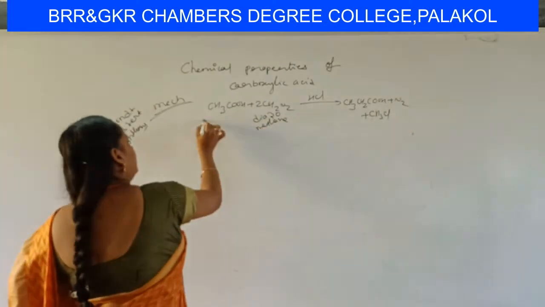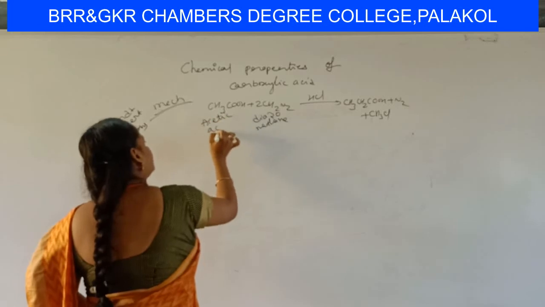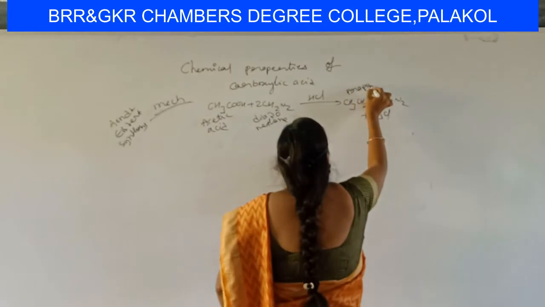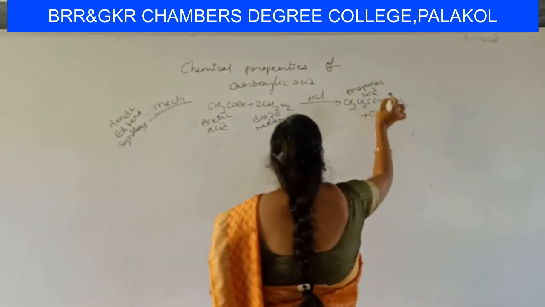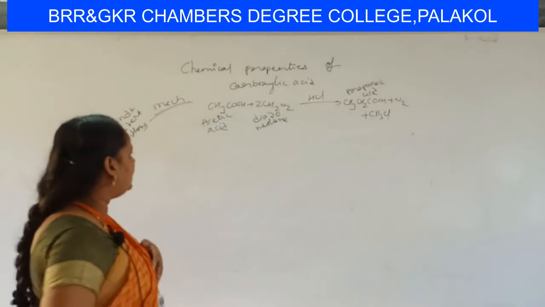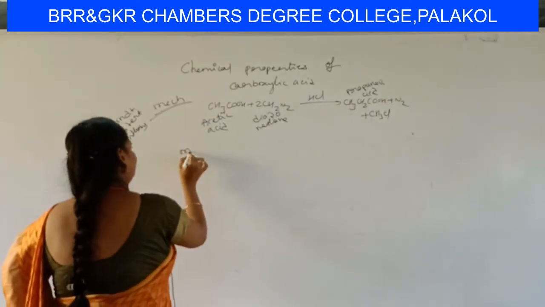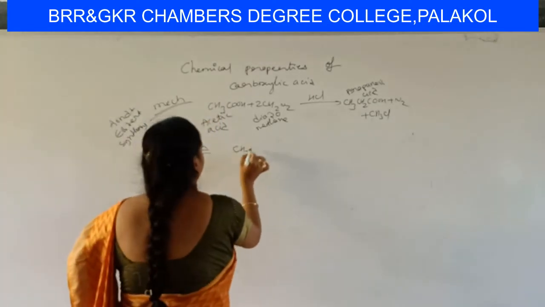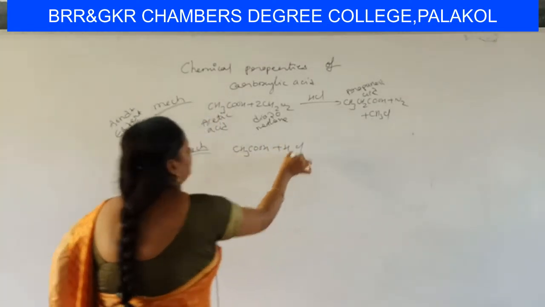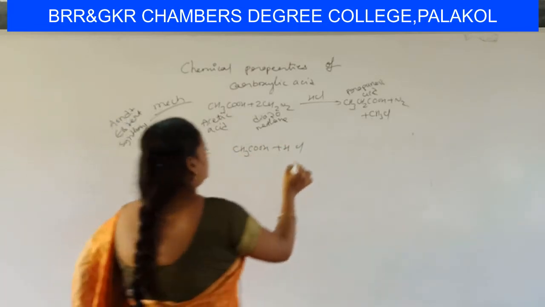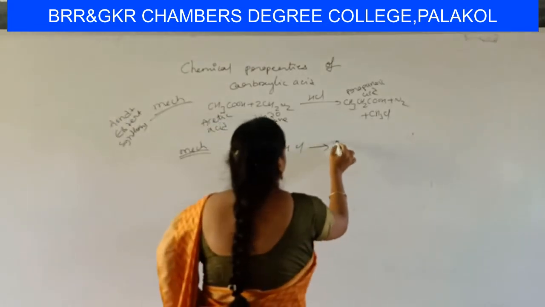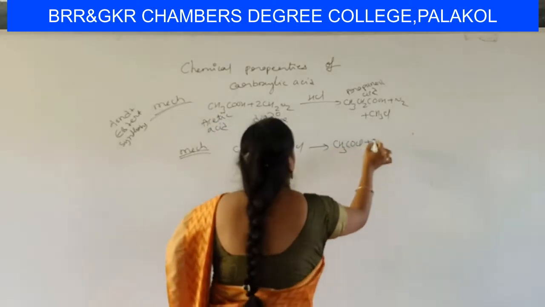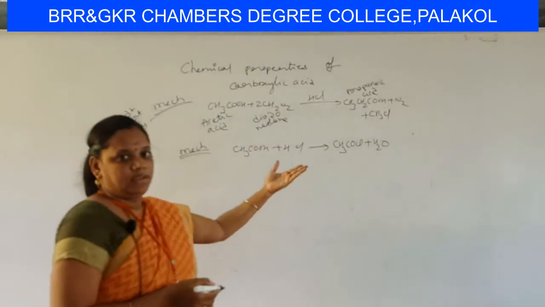Here acetic acid, and here propanoic acid. Okay, for this reaction I am explaining the mechanism. First, you have to take acetic acid and treat it with HCl. What happens? You will get CH3COCl plus H2O. Acetyl chloride.